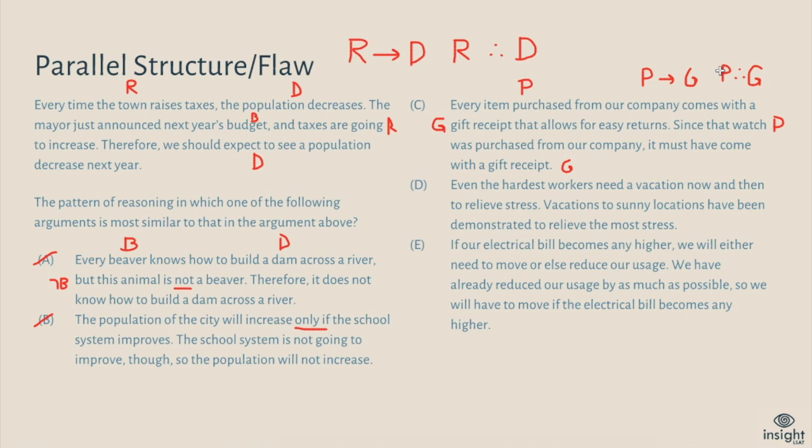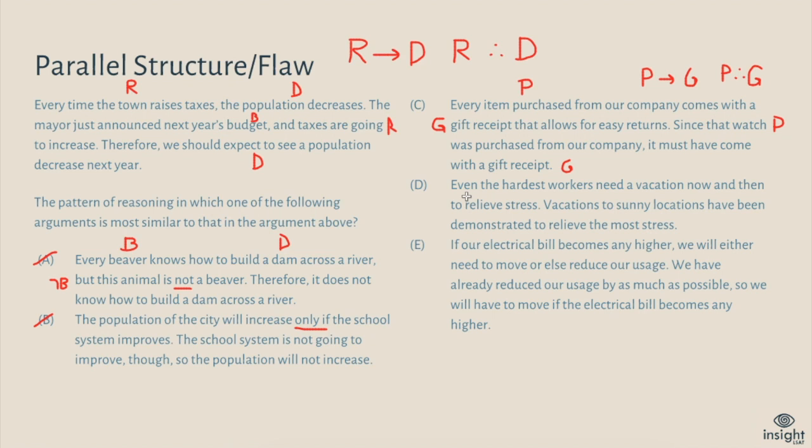It was purchased from our company, therefore there must have been a gift receipt. All right, that looks a lot like our structure from the blurb. If R, then D. If P, then G. R, P, therefore D, therefore G. Looks like this might be our right answer, but let's go through the rest of them just in case.